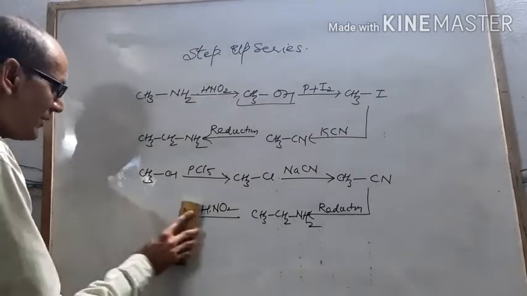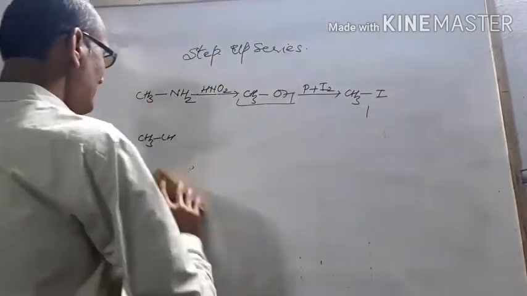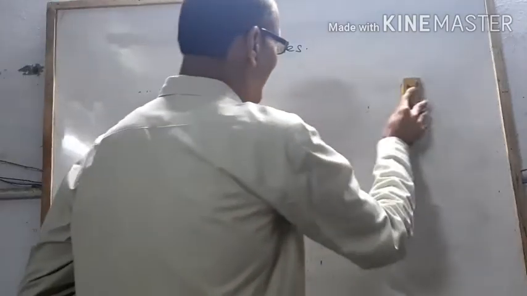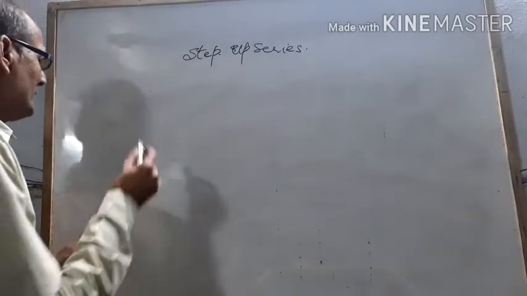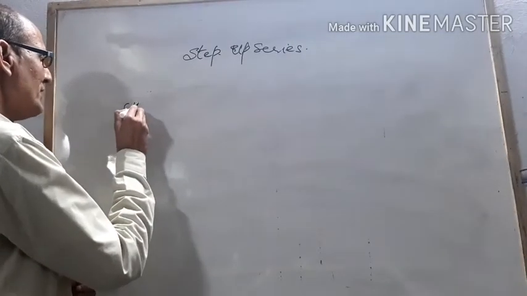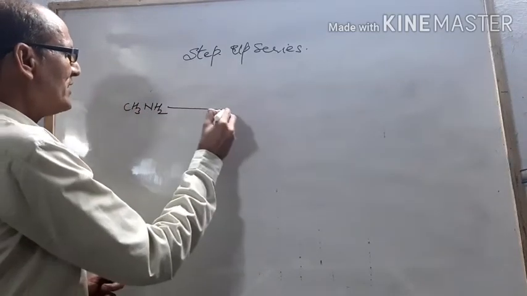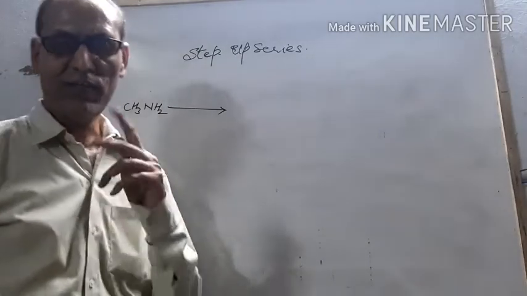Suppose you want to convert methylamine to acetic acid. Methylamine to acetic acid. So CH3NH2, methylamine, contains only one carbon, but acetic acid has two carbons.